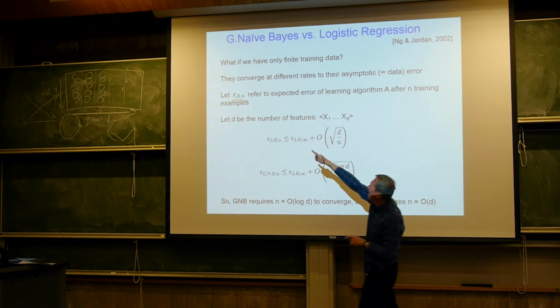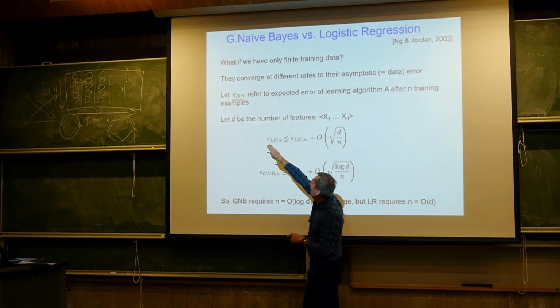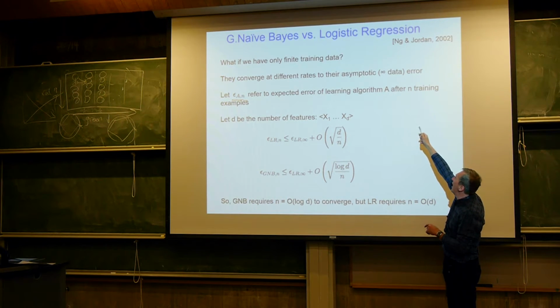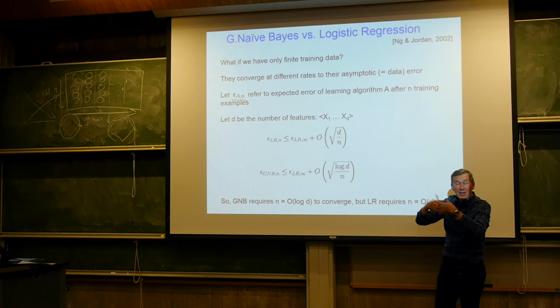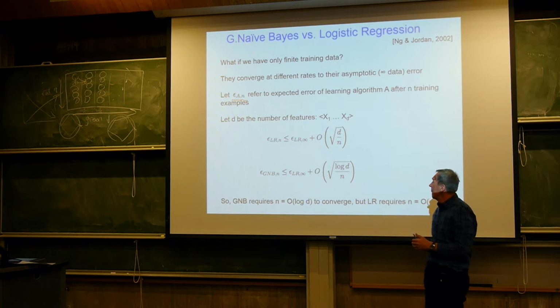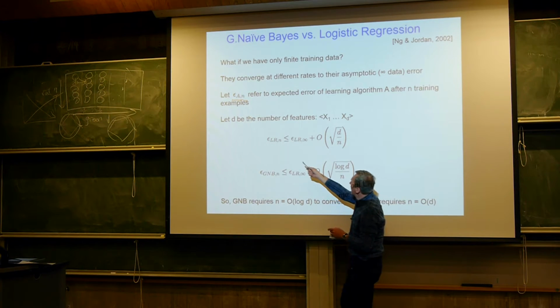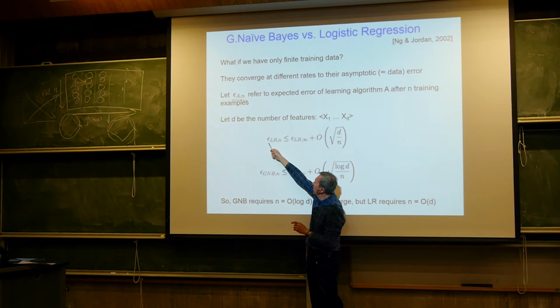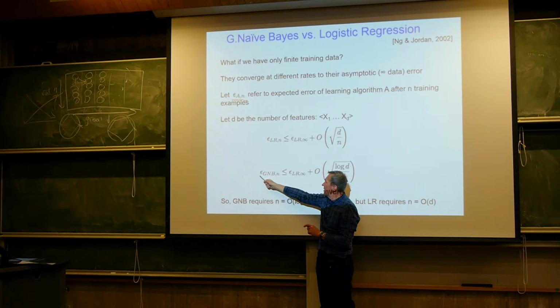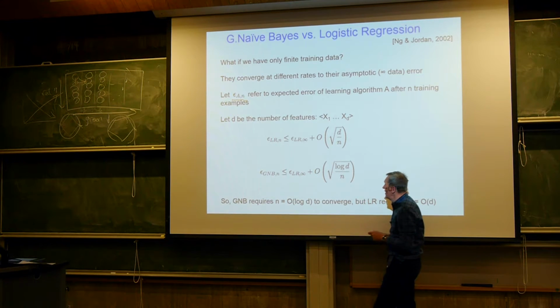So if I define epsilon sub A, n to be the expected error of the learning algorithm A after I give it n randomly drawn training examples, then we can compare the expected error for logistic regression after n examples to the expected error for Gaussian naive Bayes after n examples.